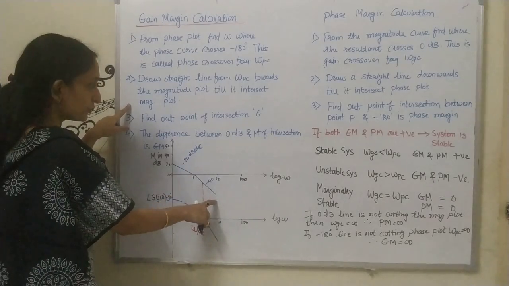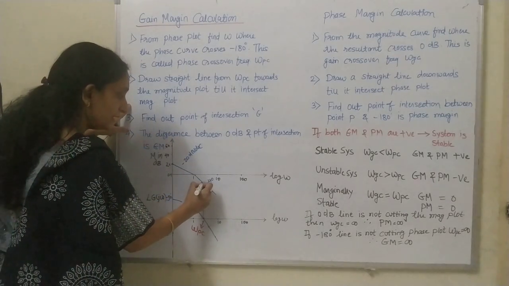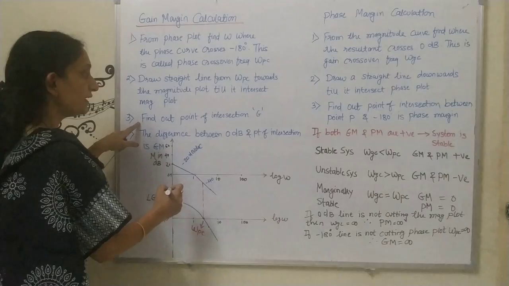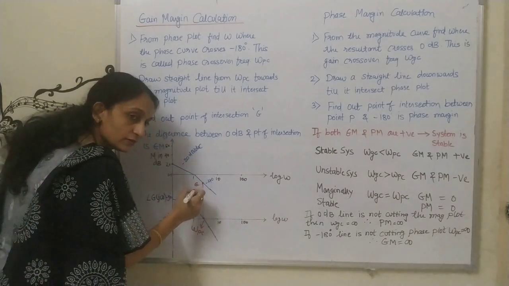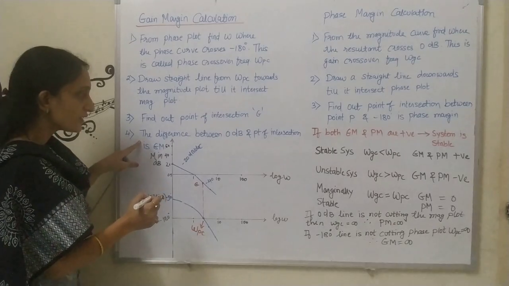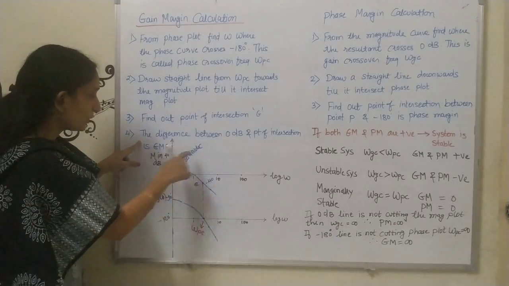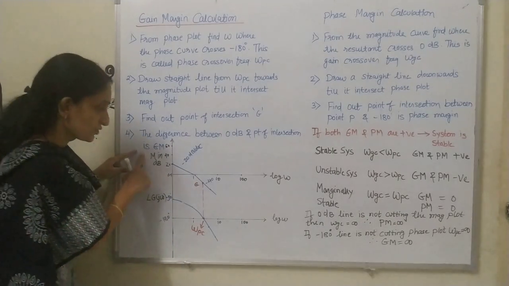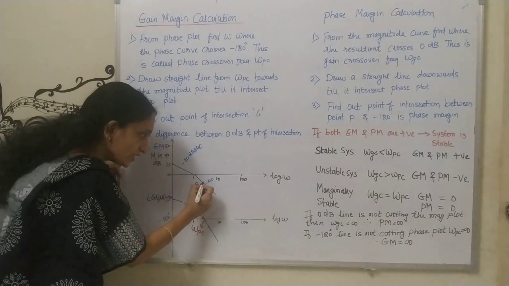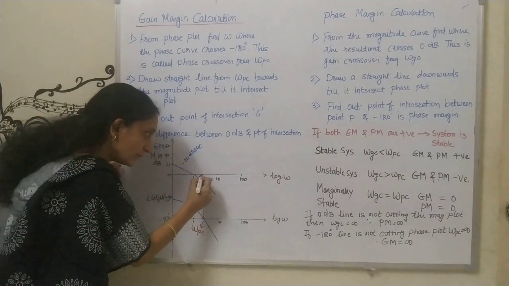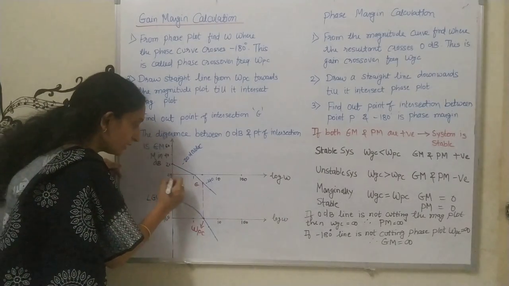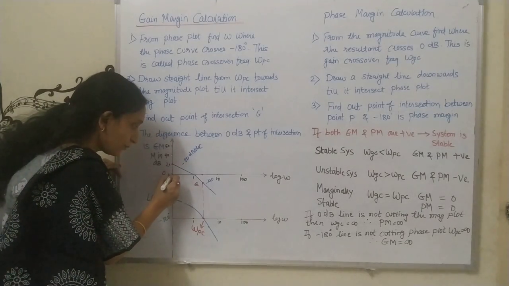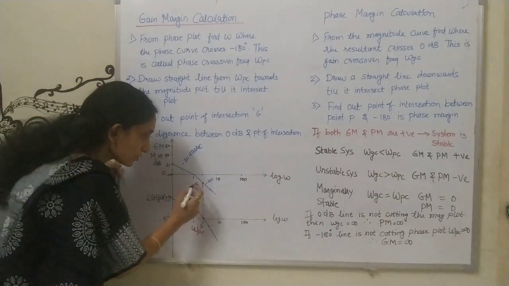So this is my magnitude plot and it is intersected here. Find out the point of intersection, which is called G. Then the difference between 0 dB and the point of intersection is called the gain margin. Look at this: this point G is there and this is the 0 dB line. On the y-axis the same point is reflected as 0 dB. So see the difference.